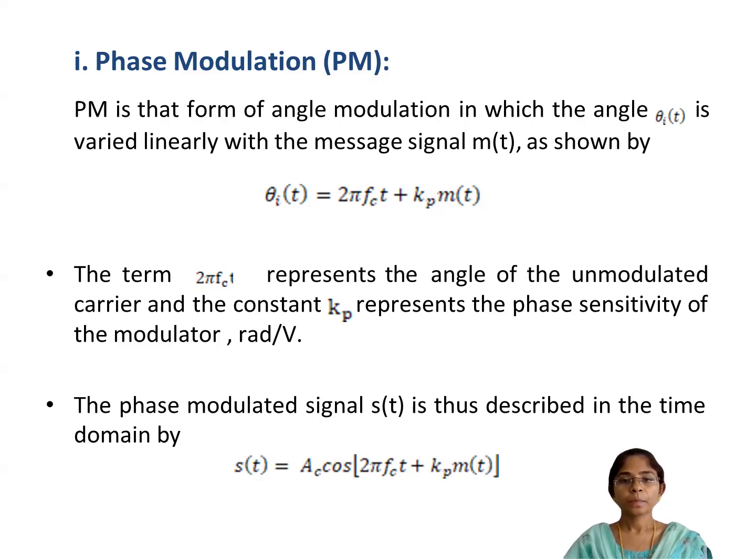Here kp is known as phase sensitivity of the modulator. Substitute this instantaneous angle in the angle modulated carrier, S of t is equal to AC into cos theta i of t. By substituting, we'll get S of t is equal to AC cos of 2 pi fct plus kp into m of t.